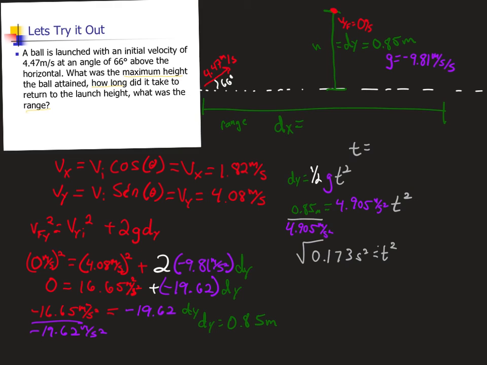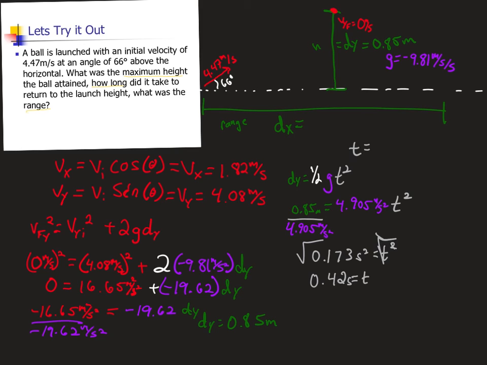Take the square root of that to get a time of 0.42 seconds is equal to t.